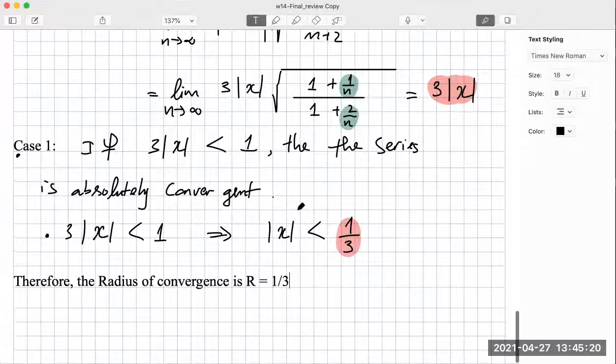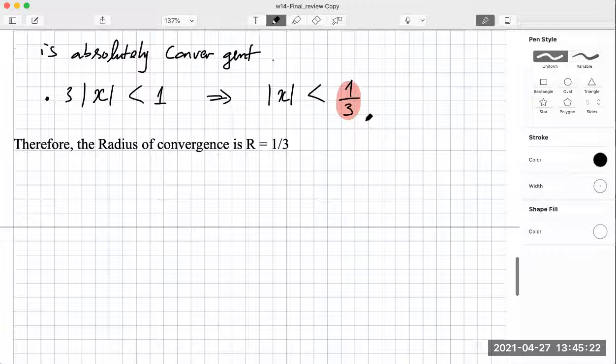Remember, absolute value of x is smaller than 1/3. It means that x is larger than negative 1/3 and x is smaller than 1/3. That is the definition of absolute value. You can go back and review the definition of absolute value of x.